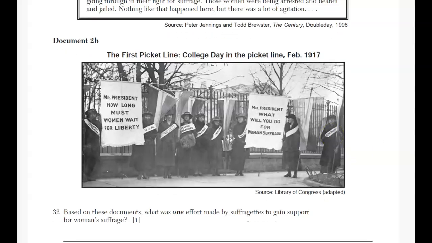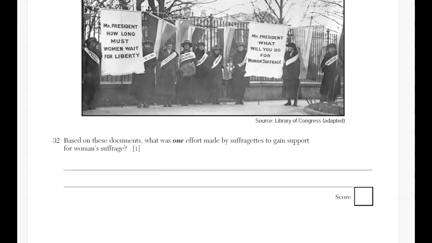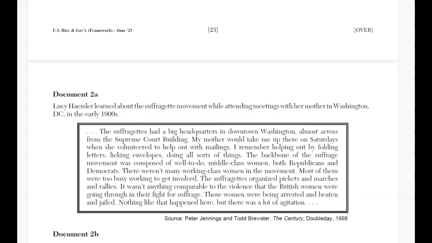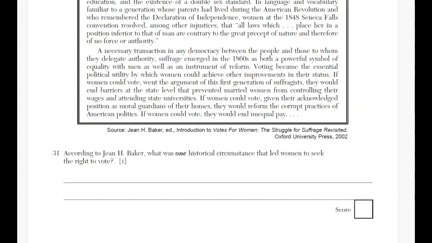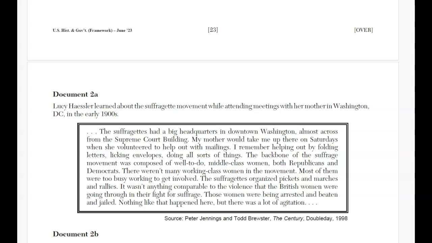Okay. So based on these documents, what was one effort made by suffragettes to gain support for women's suffrage? Should be easy. Once more, don't just copy the first sentence here. The suffragettes had a big headquarters in downtown Washington.